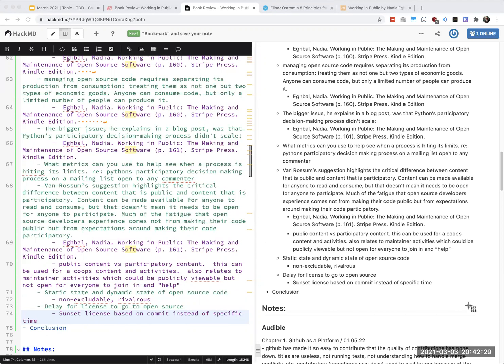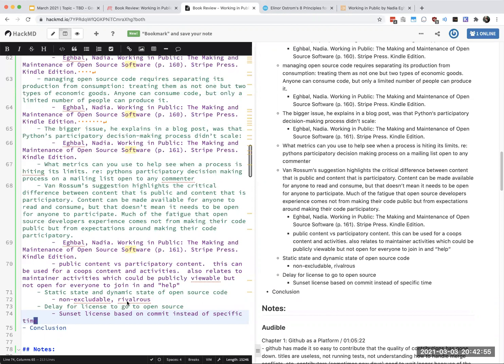So if you were to say this thing is going to become completely open source after 5 years, then even the commits you're doing after those 5 years would be open source. So as long as we're talking about the same thing, that's interesting.